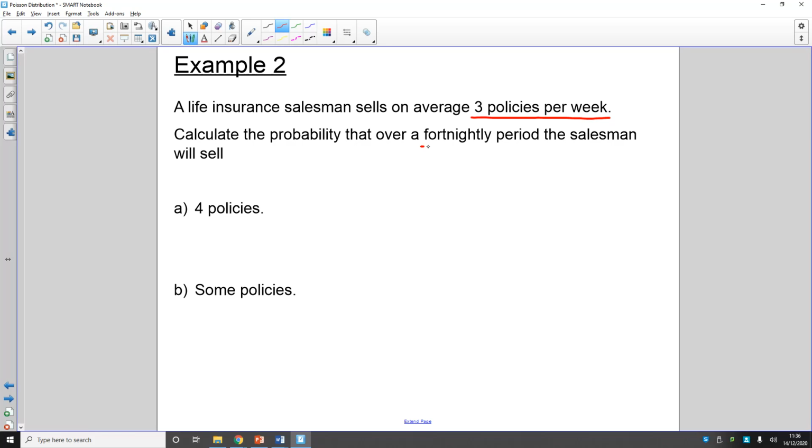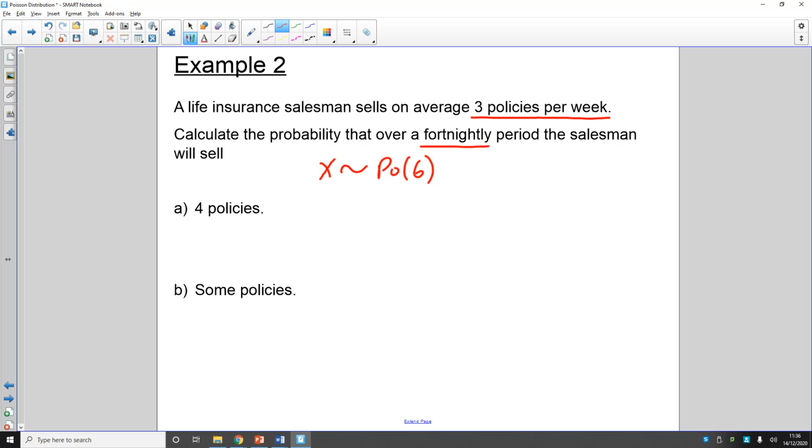Well, we are being asked to calculate the probability over a fortnightly period. So over a fortnightly period of 2 weeks, then we would expect him on average to sell 3 policies for each of the 2 weeks. So in this case, the distribution would follow a Poisson distribution where the parameter for lambda is equal to 6.